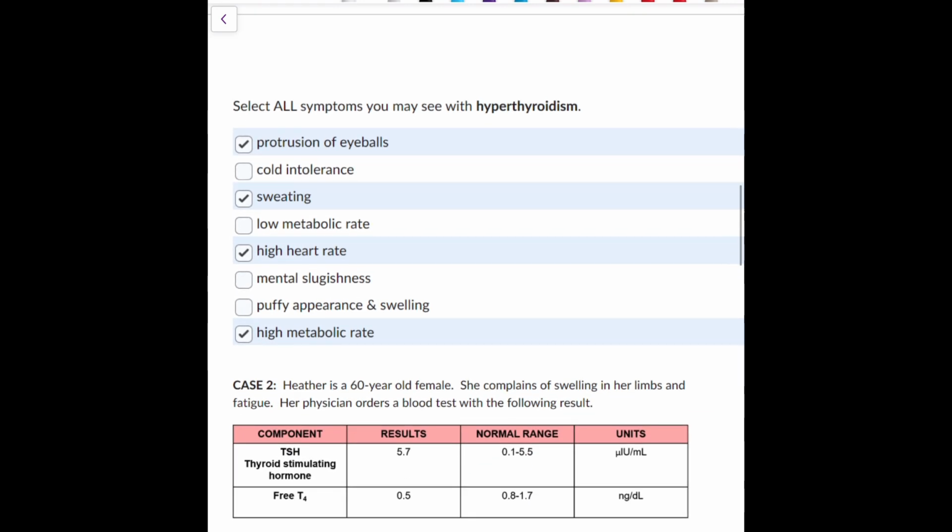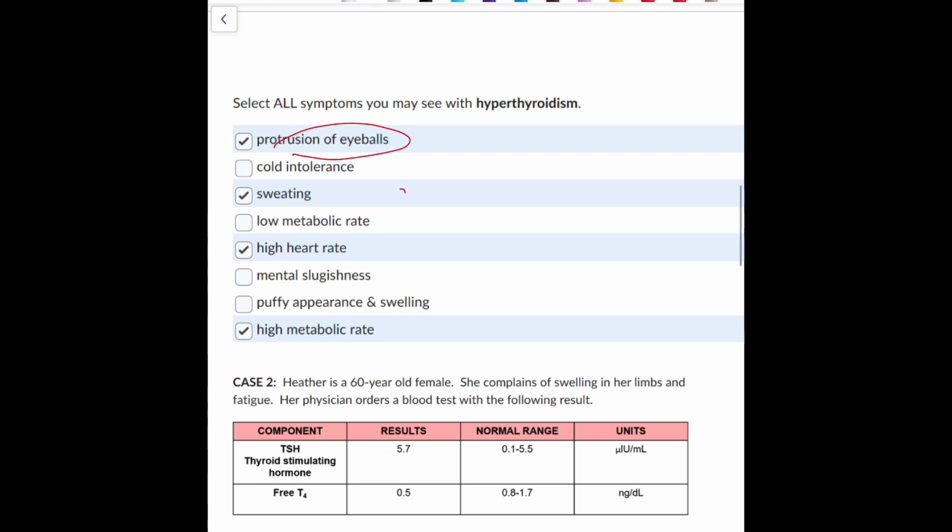And then since we know Marty has hyperthyroidism, the question is, what symptoms might you see? You may see what's called exophthalmos, and that's protrusion of the eyeballs, due to excess pressure and fluids behind the eyes that make them push forward. We know that thyroid hormone has a calorigenic effect, and so it creates heat.